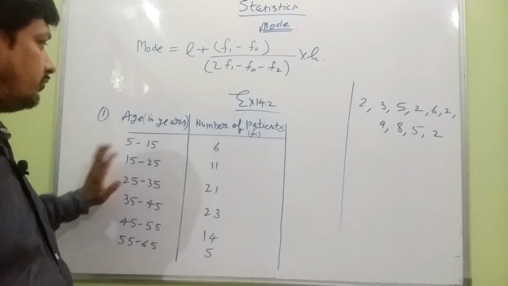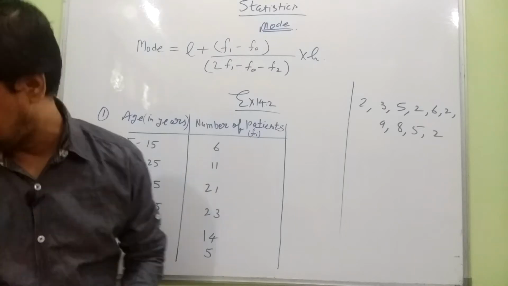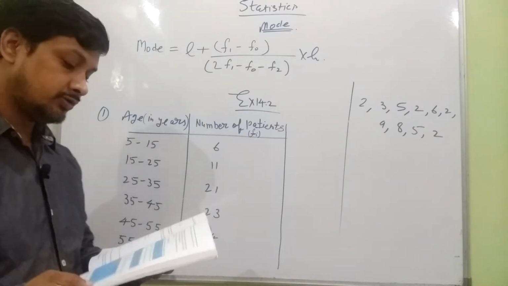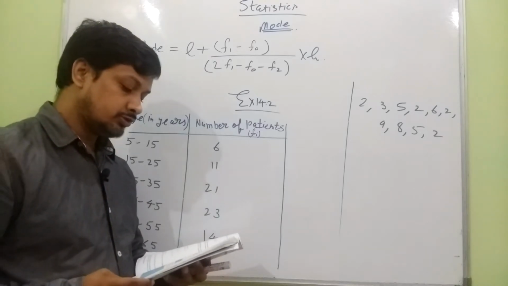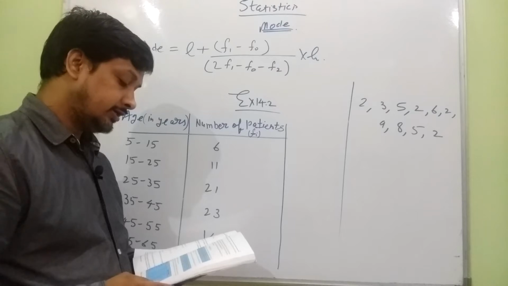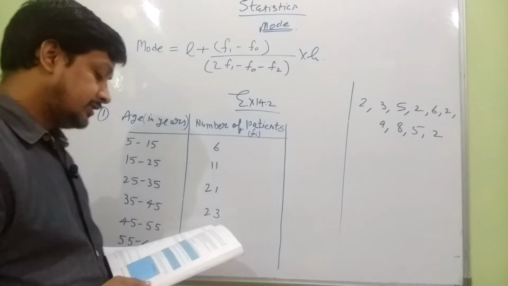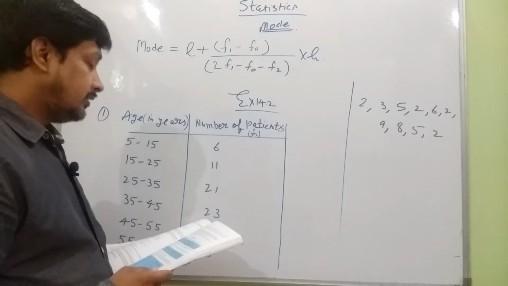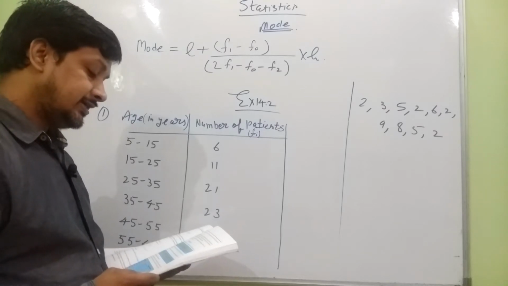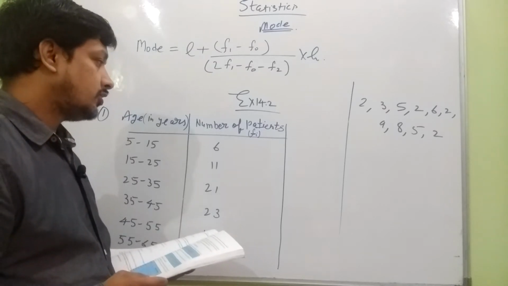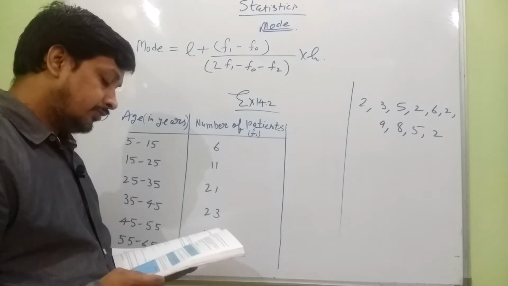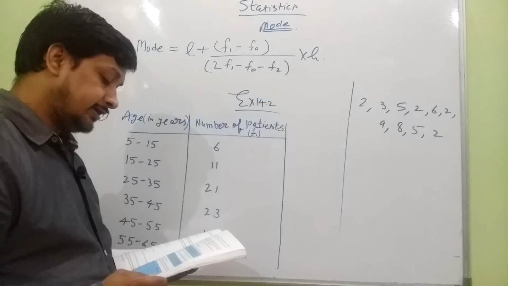So question number 1 of exercise 14.2. We are starting with it. The first question is, the following table shows the ages of patients admitted in a hospital during a year. We have this table. We have to find the mode and mean of the following data.